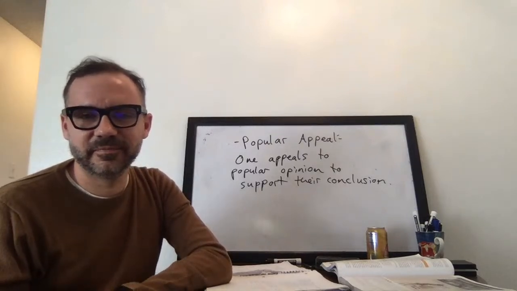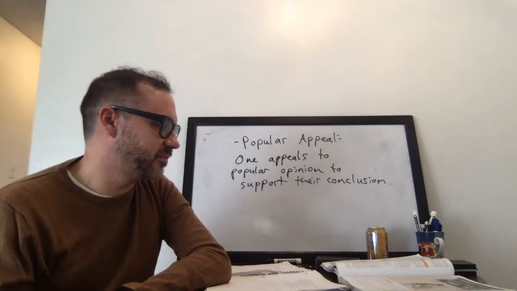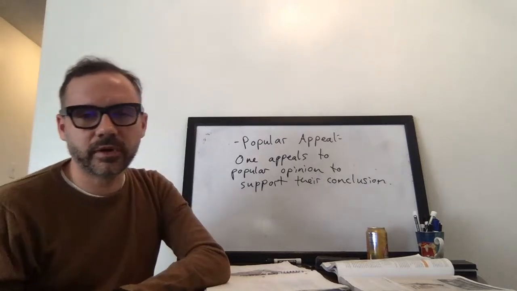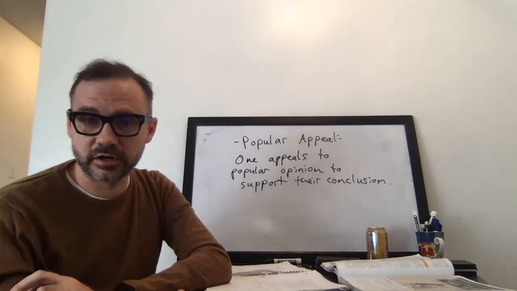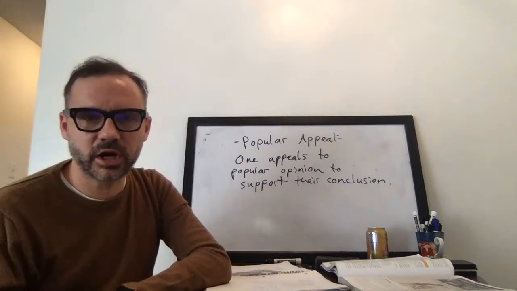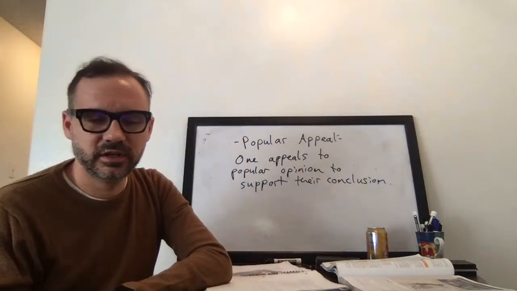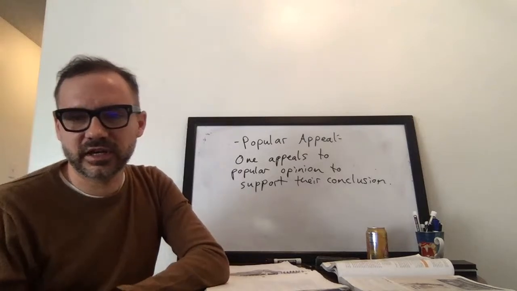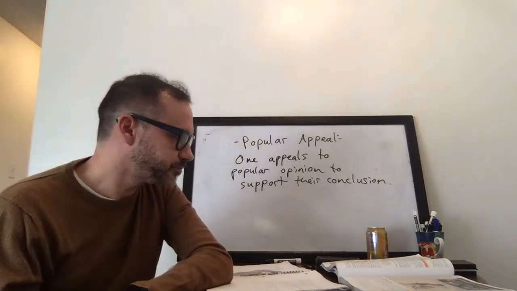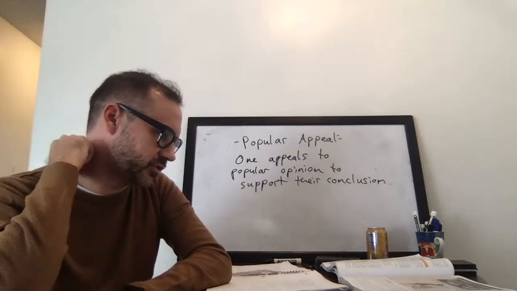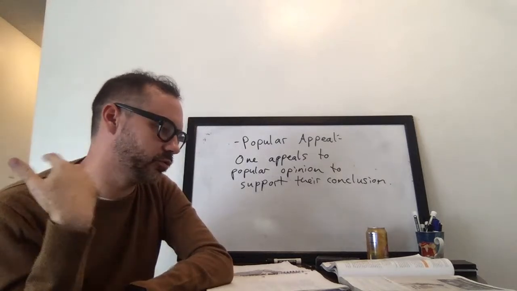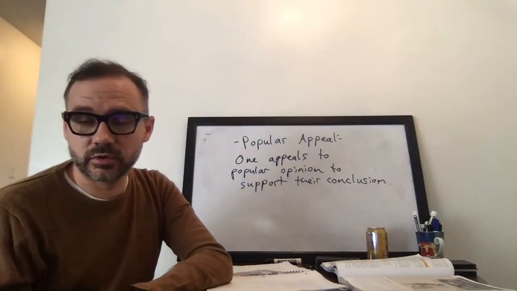Sometimes they'll use a popular celebrity figure to endorse a product. That's another category of popular appeal. The book, somewhat on the side, refers to that as snob appeal. The idea there is that you associate a certain popular person or a popular group with something good or a product.